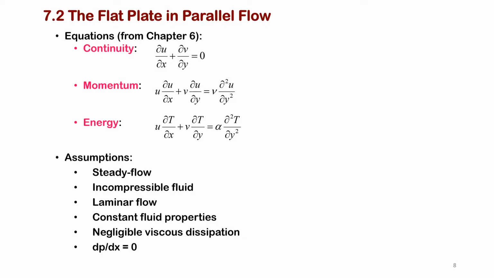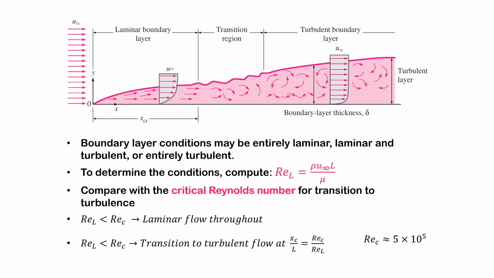So you can obtain some sort of approximate solution by using the following assumptions. If we assume the flow is steady, incompressible, laminar, properties are constant, and pressure gradient is 0, then we will have a somewhat easier time obtaining a solution.